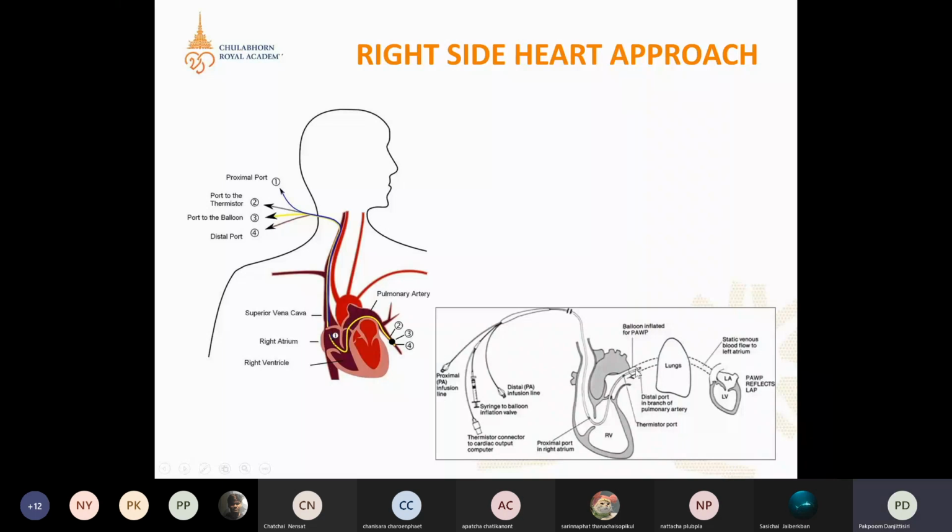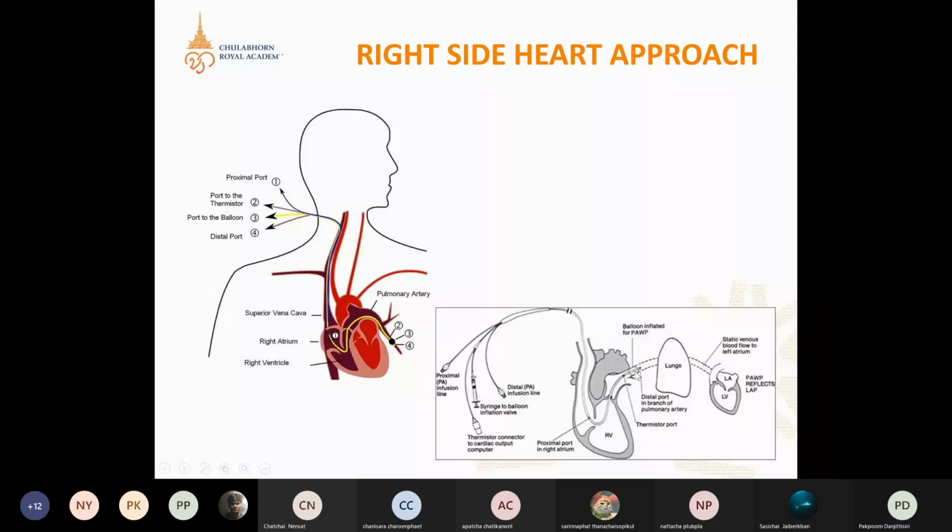If you want to get the pulmonary capillary wedge pressure, as I told you before, you have to inflate the balloon at the end of the catheter.